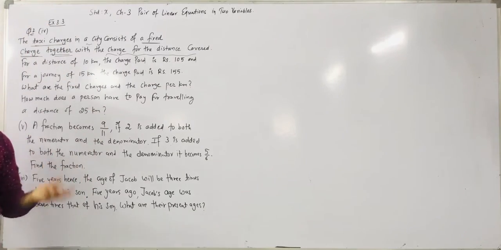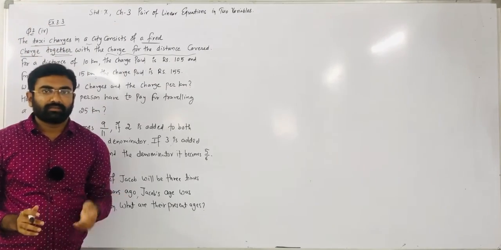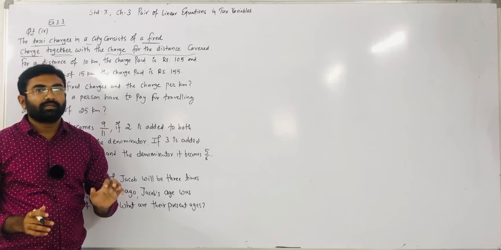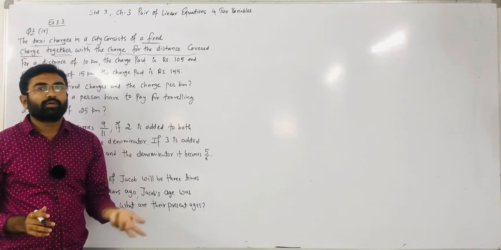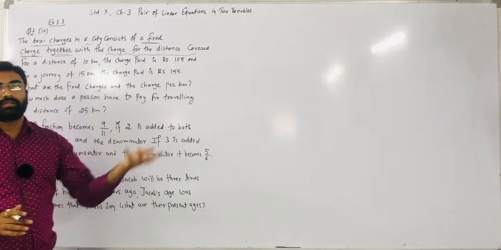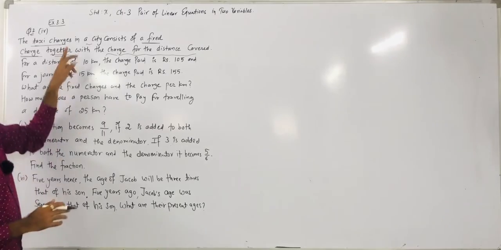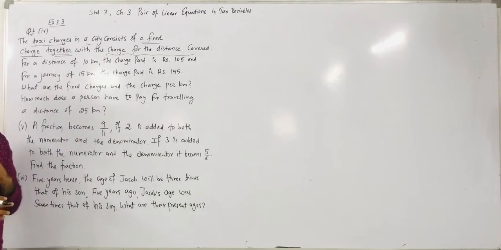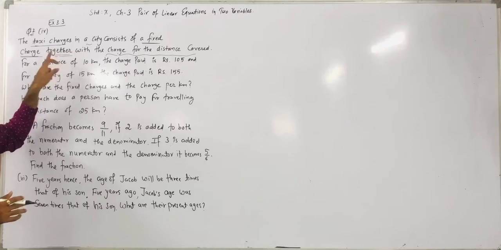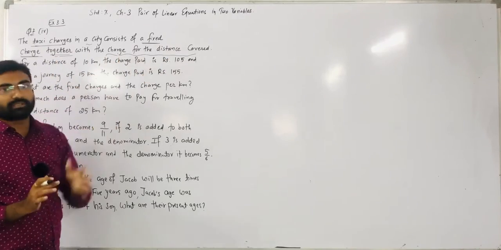There is a fixed amount, and in addition you also have to pay the charge per kilometer, right? So from the first statement we can conclude: a fixed charge, together with the charge for the distance covered.